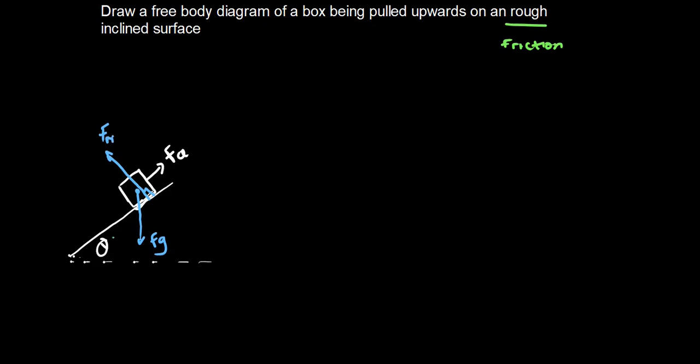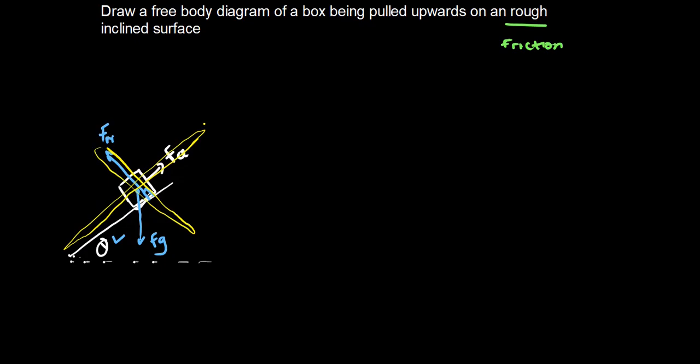Okay, so now since our plane is at an angle, when we look at our horizontal forces, we will be looking at forces that are around this place. And when we look at our vertical forces, we'll be looking at forces that are around this place.